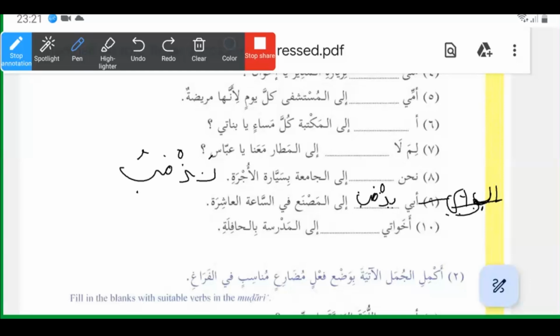My father goes to the factory. Masna is the factory. Fi saati ashir, at 10 o'clock. Akhawati, again third person. Ya here means my. Uktun means one sister. Akhawat means many.